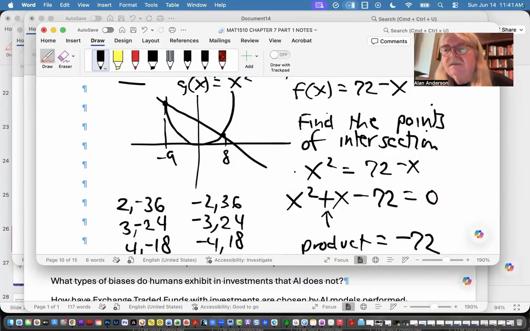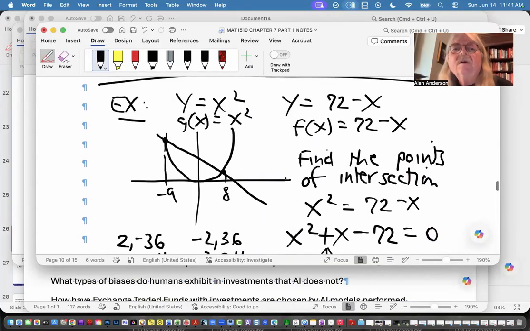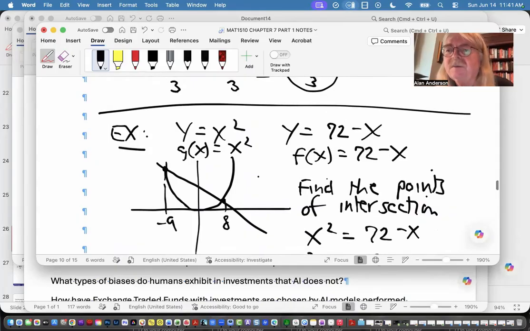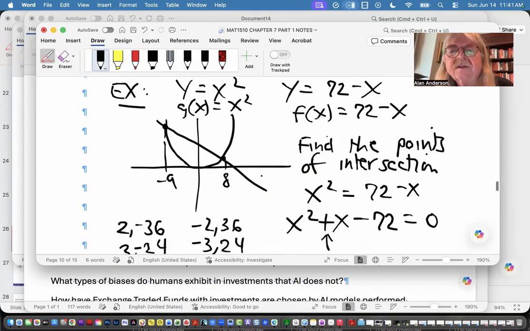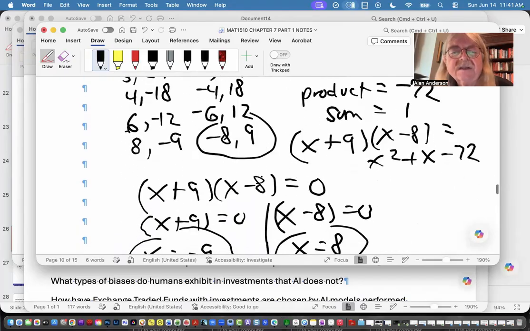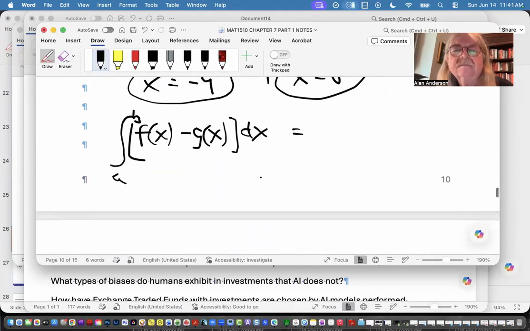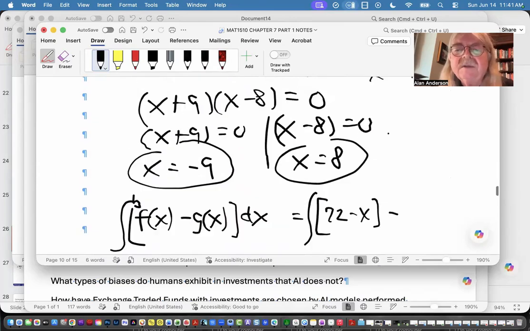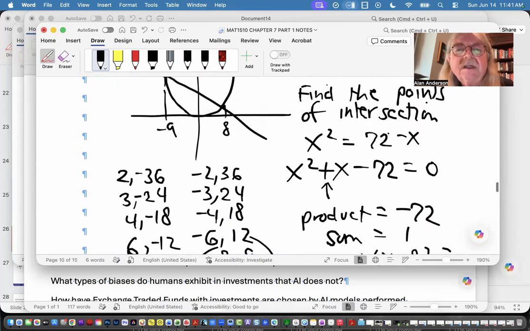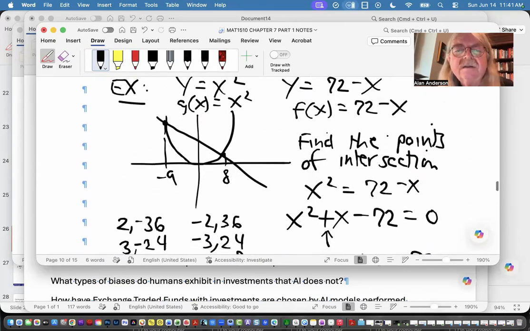We don't have to bother checking because we know that these are both polynomials. But anyway, the top curve is the straight line, 72 minus x. And the bottom curve, the parabola, is just x squared.